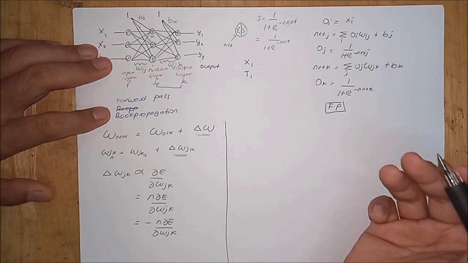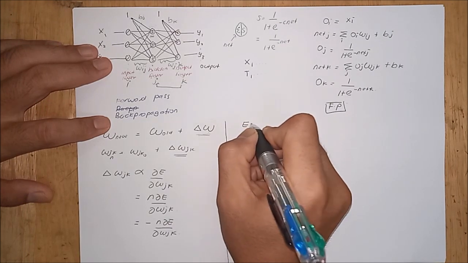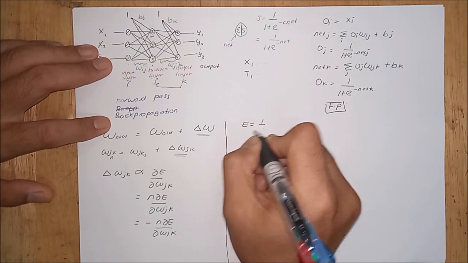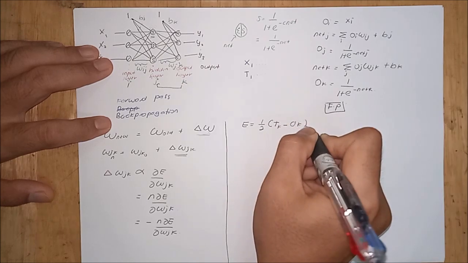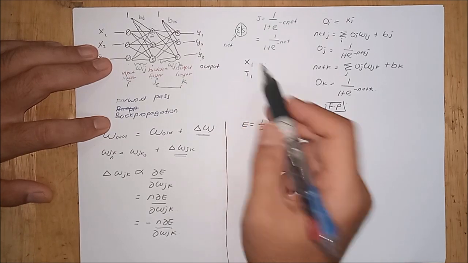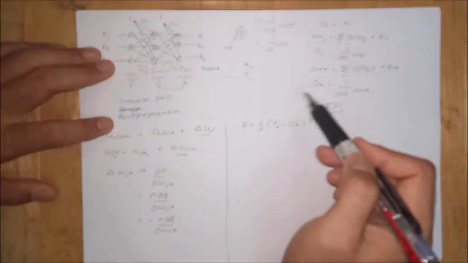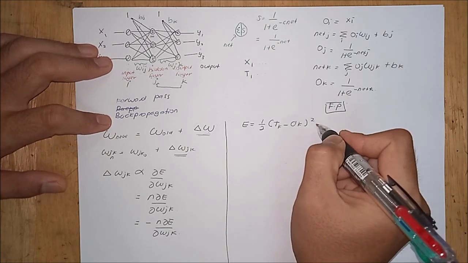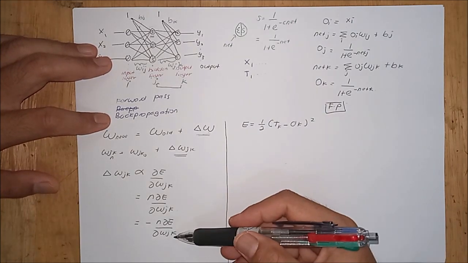There are many equations for the cost function, but for our case, we will use a simple sum square error cost function, which is defined as error equals half of tk minus ok squared. tk is the target of our samples minus ok. ok is actually the y for this case, meaning the predicted output at one state.